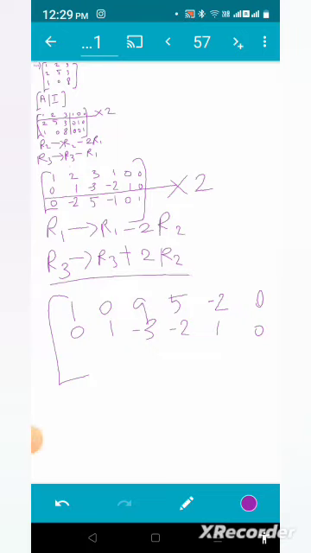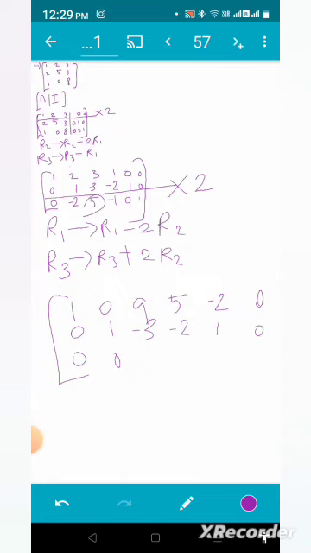Then R3 gives R3 plus 2 R2. R2 is multiplied by 2. So 0 plus 0 is 0. I put 0 here. Then minus 2 plus 2, that is 0.